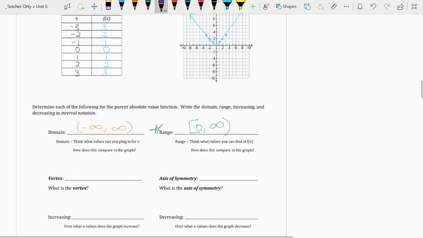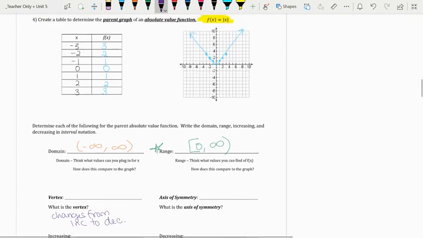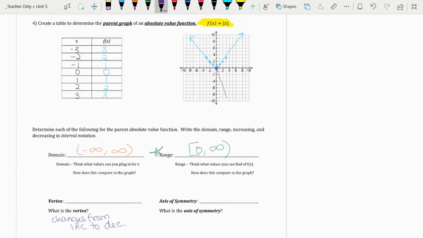Your vertex, the vertex is where it changes from increasing and decreasing. So our vertex is always the point where it stops and turns around. So that vertex would be at 0, 0 here.